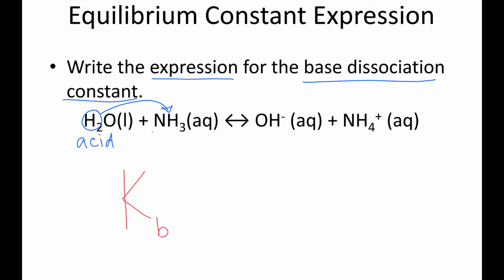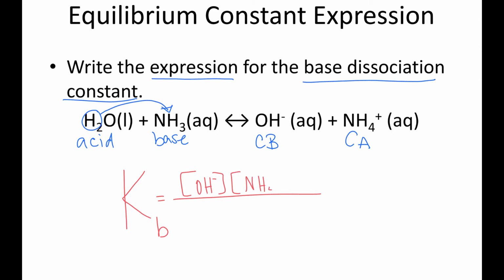Ammonia is gaining an H, which makes it a base. And over here I have a conjugate base and a conjugate acid. Remember, it is still products over reactants in these little square brackets, which mean concentration in molarity.